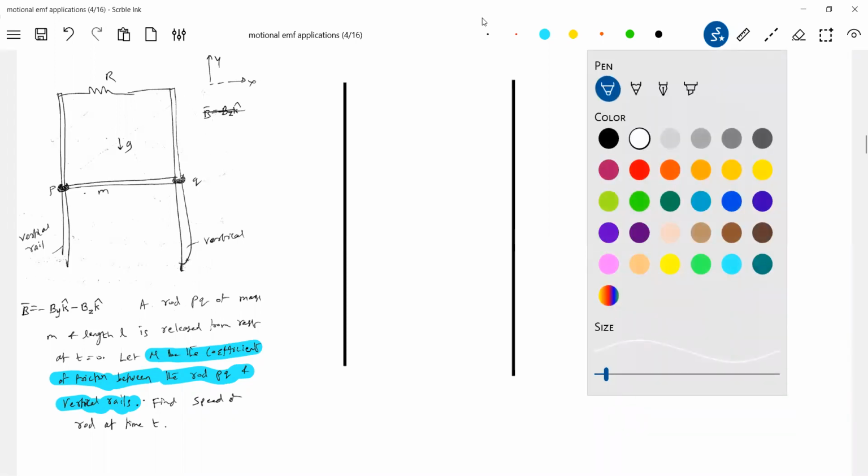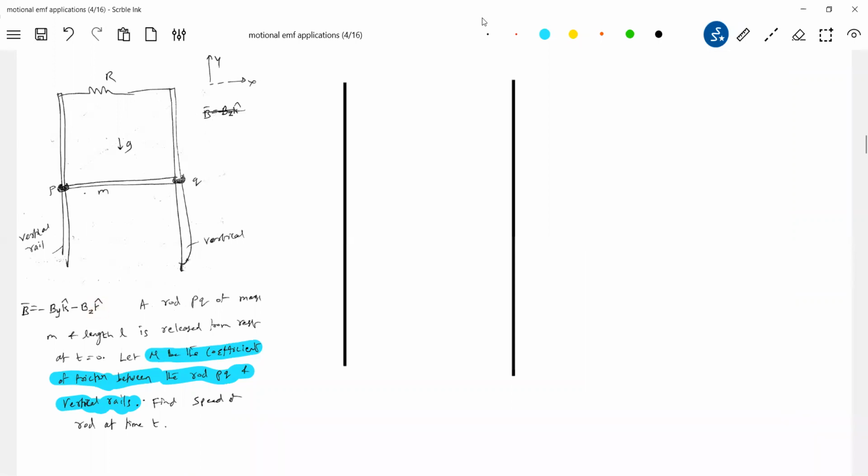I'll change it. This one you mean to say, this should be j cap. B_y j cap, B_z k cap.